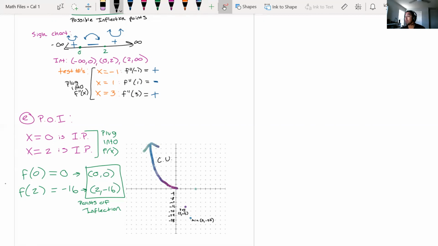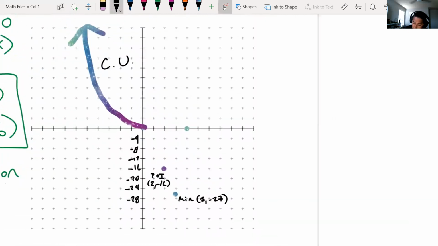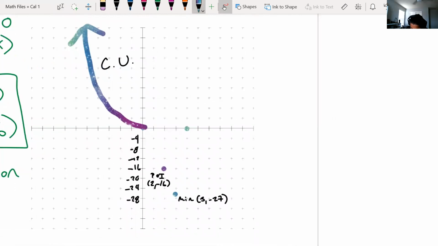The next part of my sign chart says from 0 to 2, we are concave down. Let me zoom in to show you that. So that's just going to curve here and go down. There's concave down.